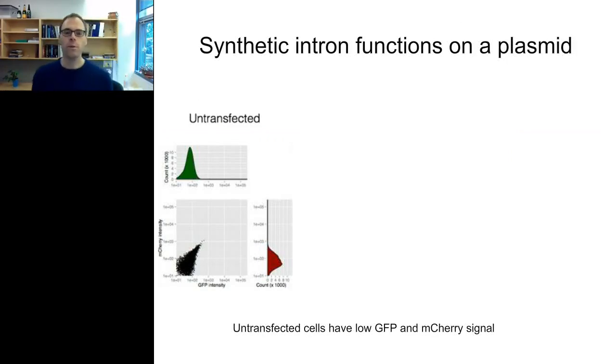So the first thing we tried was seeing if this synthetic intron would function on a plasmid. I'm showing you here untransfected cells. This is flow data where you have the mCherry signal on the y-axis, the GFP signal on the x-axis, and then histograms of each signal so you can see where the points are in the scatter plot. We see that there's not much signal from untransfected cells. That's good.